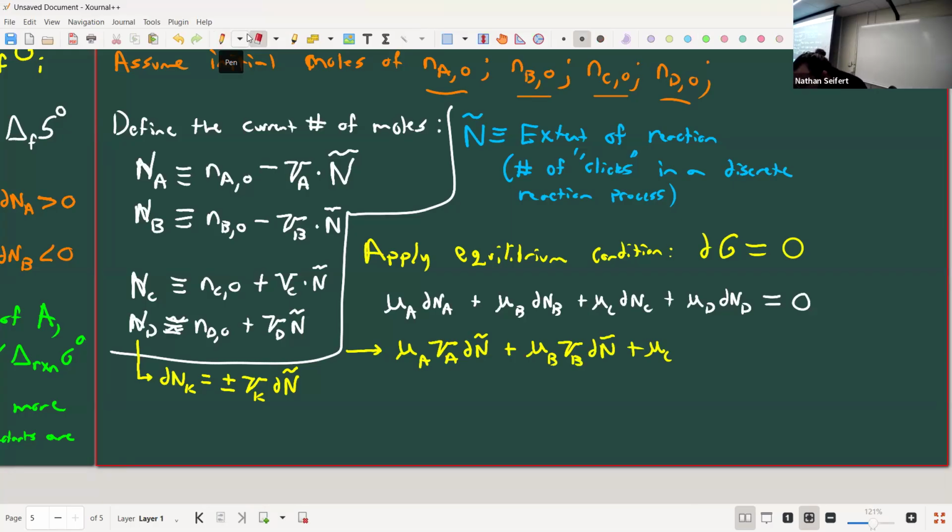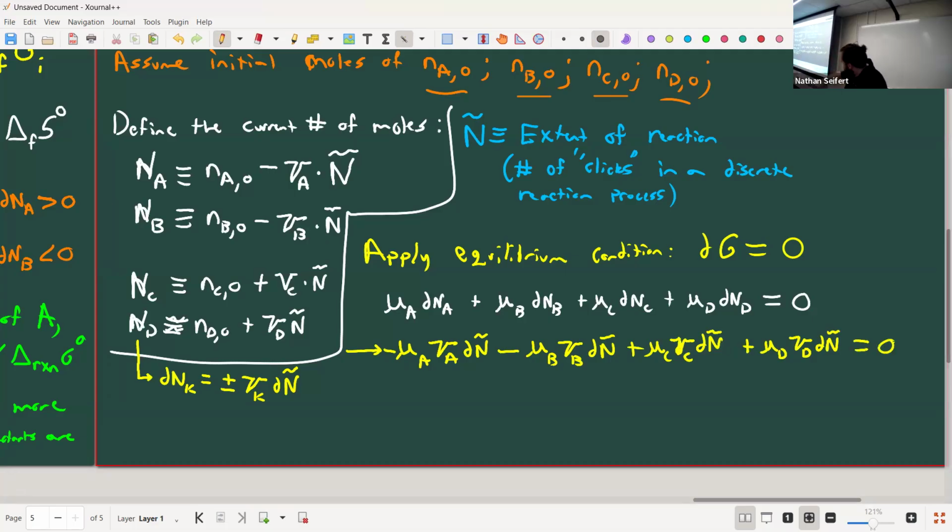A and B should have negatives, because there's a negative in the equations. So we have a negative sign here and a negative sign here. There we go. And then positive signs for the products. Sorry, I forgot this. This is dn tilde, equal to 0.